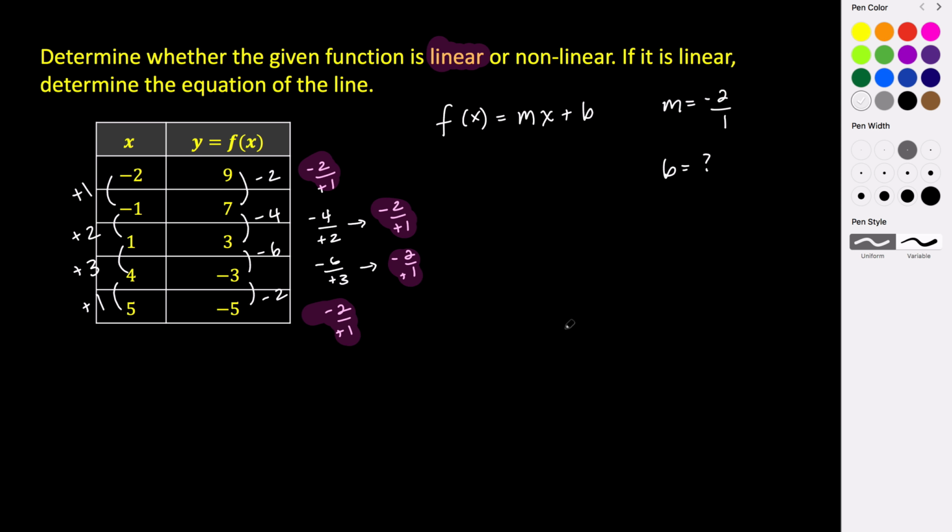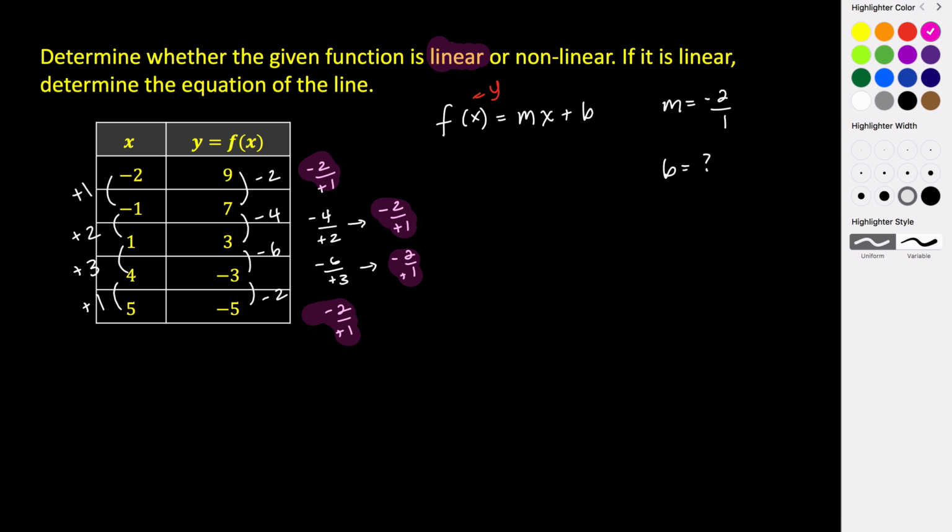If you recall back to when we were talking about this just as an equation, we know that f of x is equal to y. So because we aren't given the ordered pair of 0 comma something, 0 comma b for our y-intercept, we have to figure out what the value of b is. So we're going to use this equation, substitute values in for m, y, and x, and solve for b.